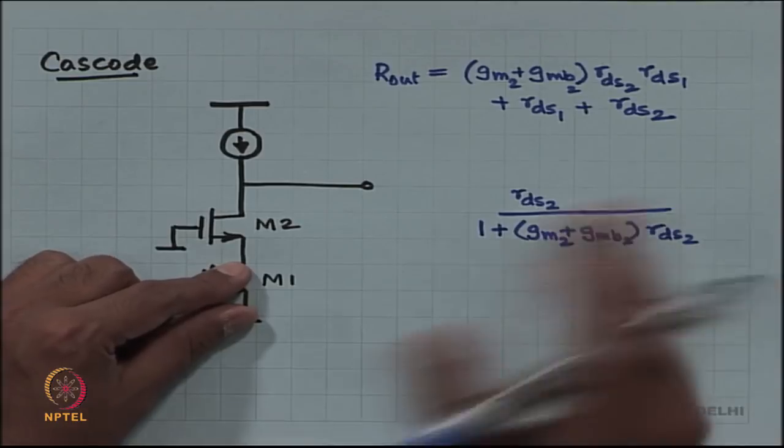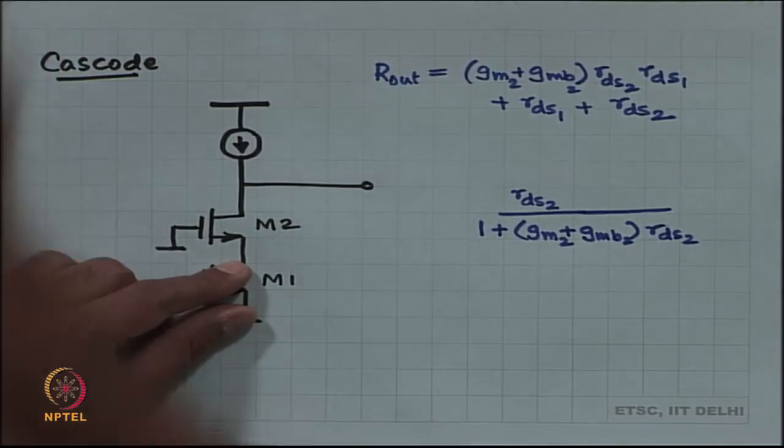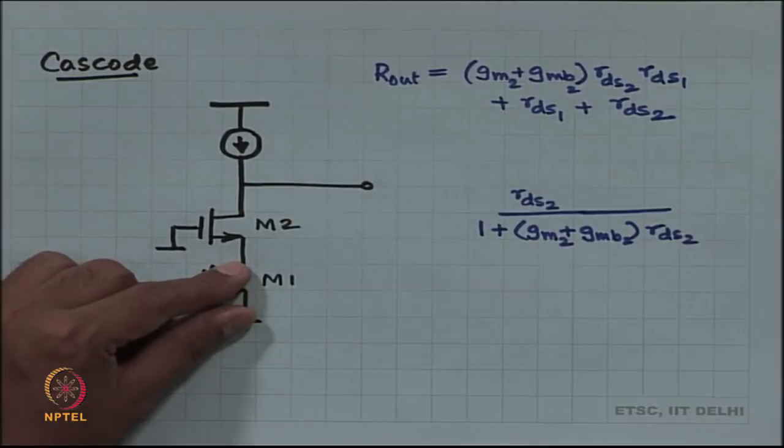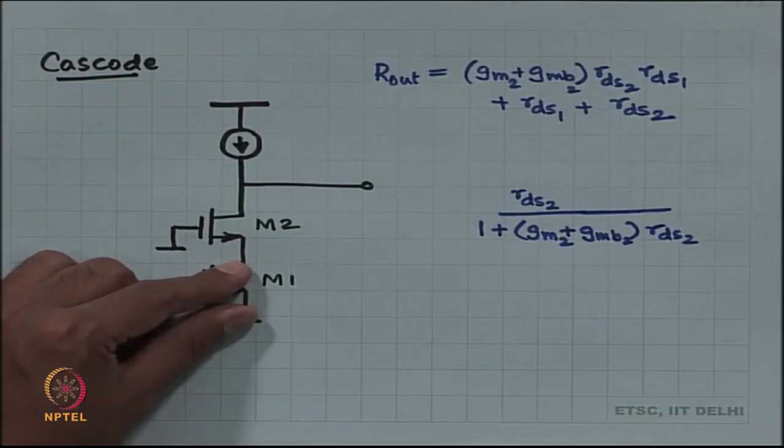So this current has to share, and how does current share? You know the current sharing relationship: current I comes, it faces two resistors R1, R2. The current in R2 will be proportional to R1 divided by R1 plus R2.